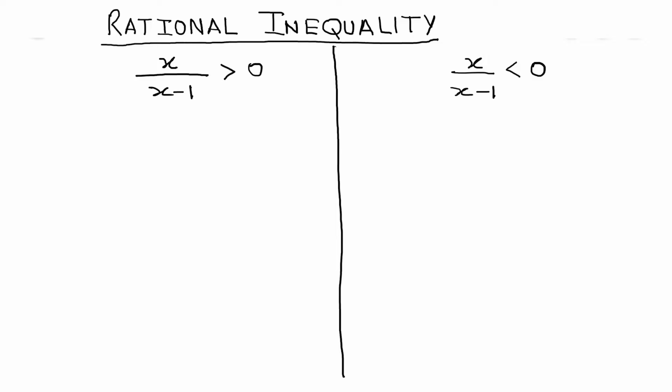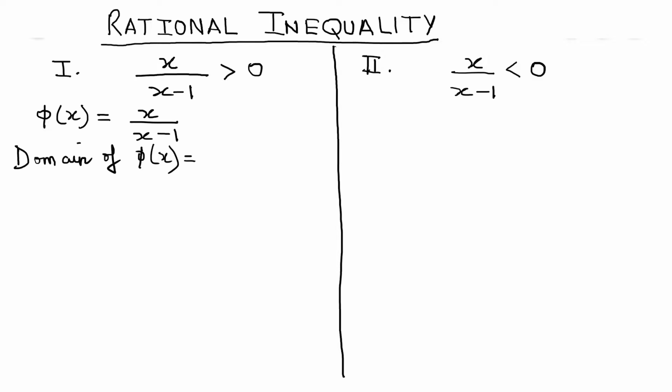Okay, so the first example that we are talking about is, let's say this is the first example, and this is the second example that we have taken here. If I assume that phi x is equal to x divided by x minus 1, and I need to solve phi x greater than 1, what is the domain of phi x?